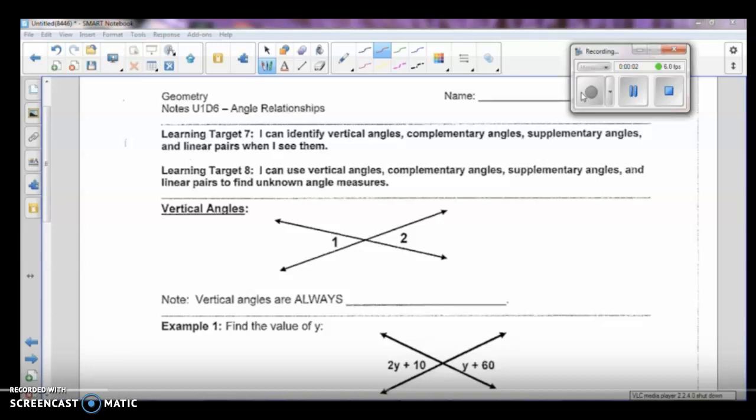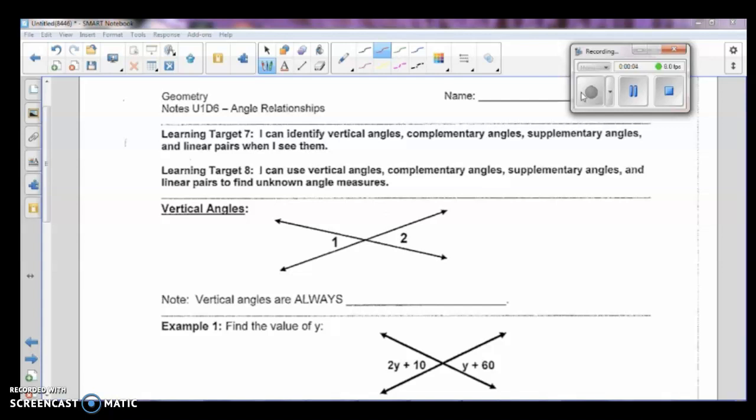Mr. Rowan here, and we've got a lot to do, but it's going to be whiz bang boom right through our learning targets today. A lot of these should be fairly familiar to you, some things that you've seen before maybe. But we have 4 particular vocabulary words for today.